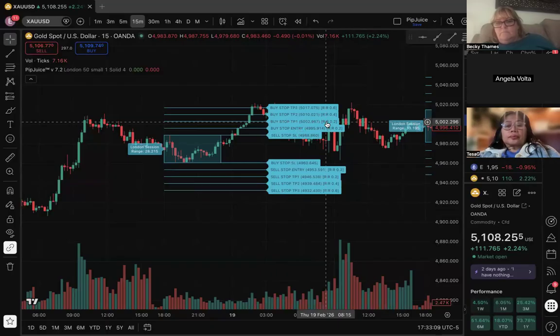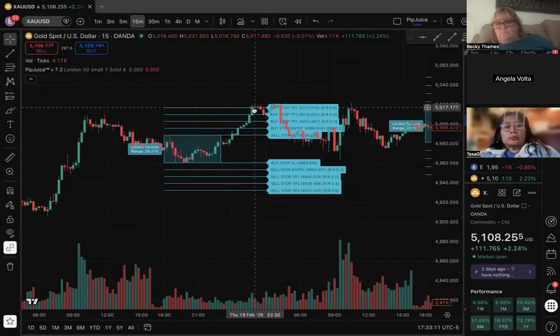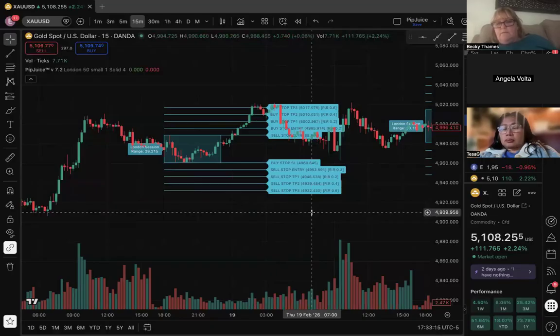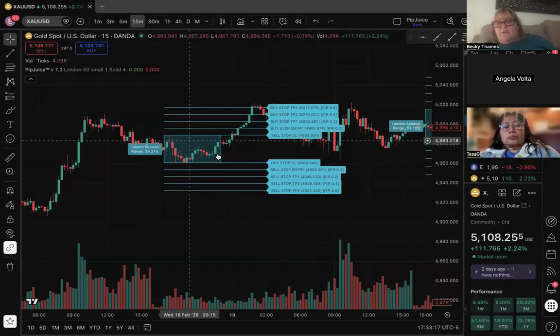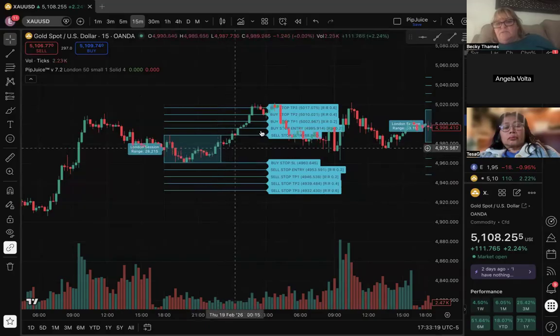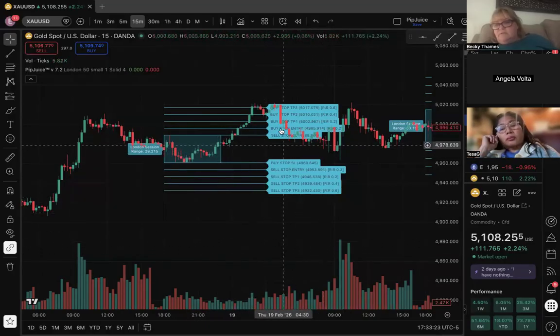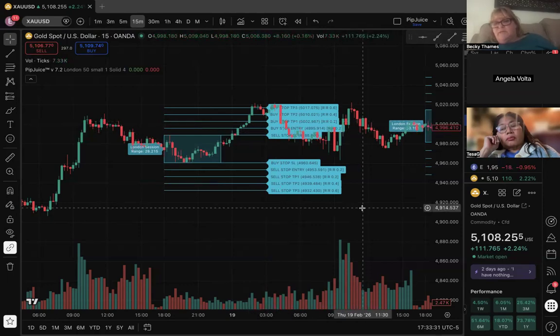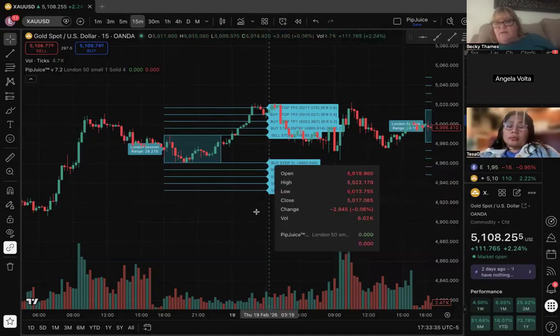It would just keep going until it hit something, unless you changed it the next morning if it didn't hit your stop loss or anything, right? Right. But you're taking the chance that it would just go to TP1 and maybe retrace there. So you could just put your stop loss at TP1. So it's just a chance you're taking. But if you're using your smallest lot size, it shouldn't matter.